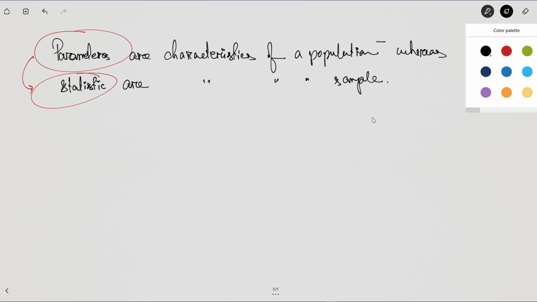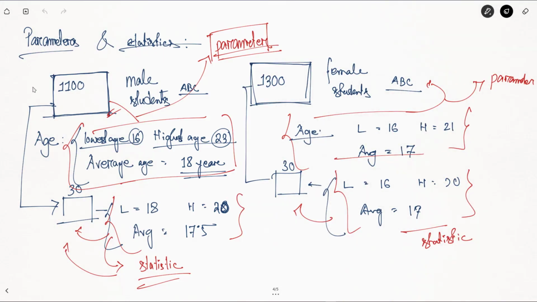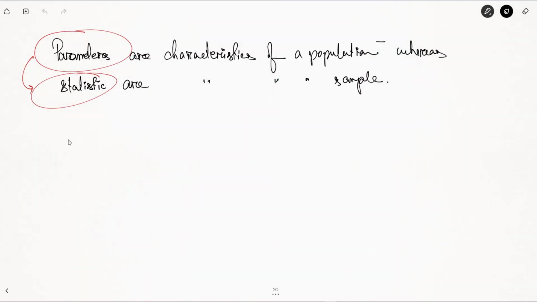Okay, so let me explain that using the same example that we stated earlier. Let me revisit this example.